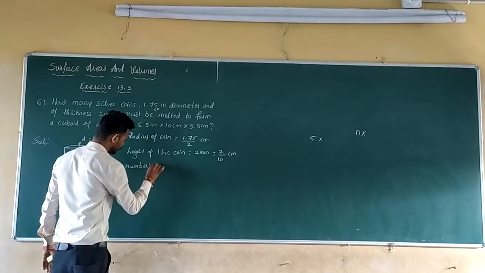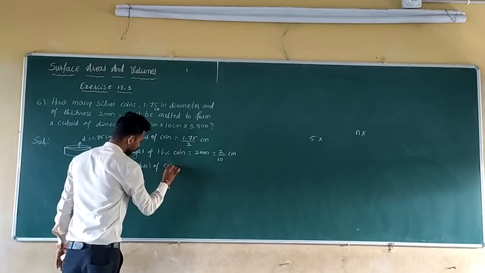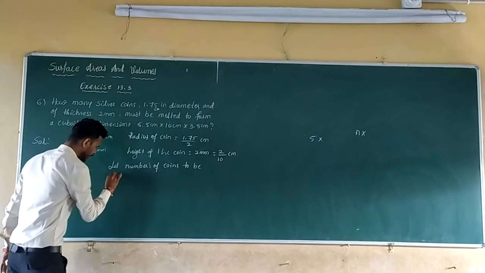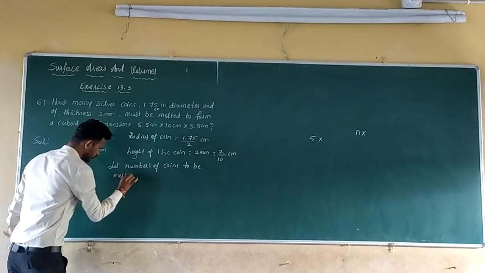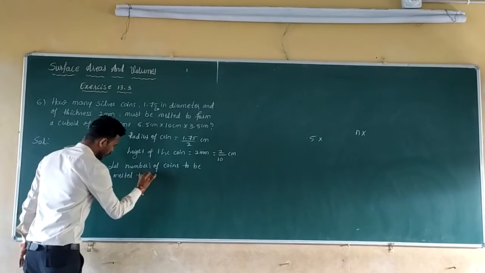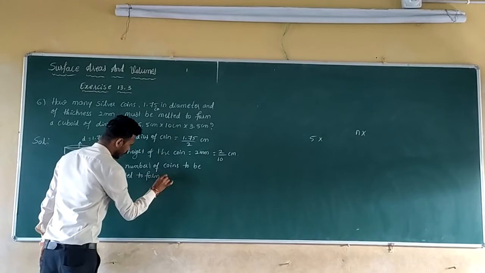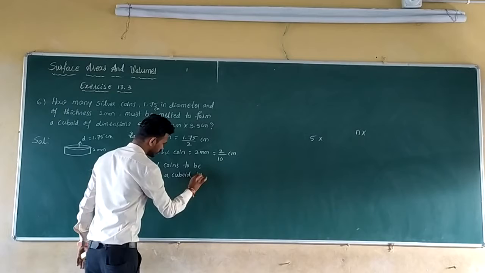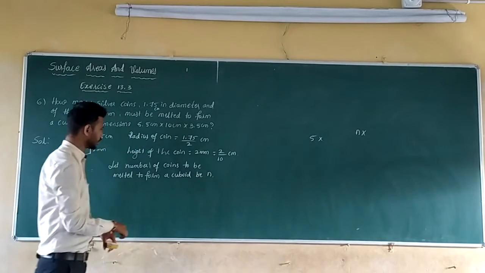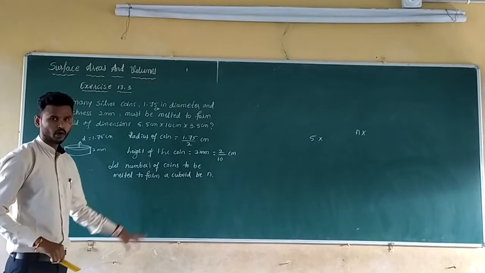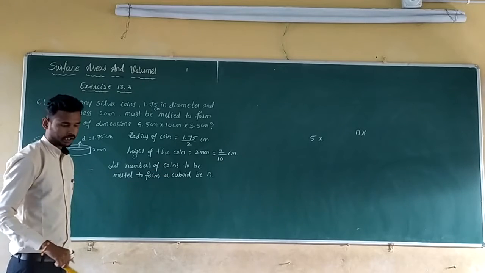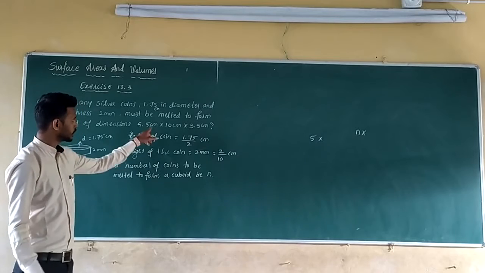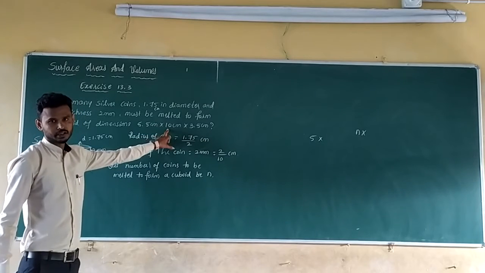Let the number of coins to be melted to form a cuboid be n. Means how many coins we need to melt? N number of coins to make the cuboid of these dimensions.